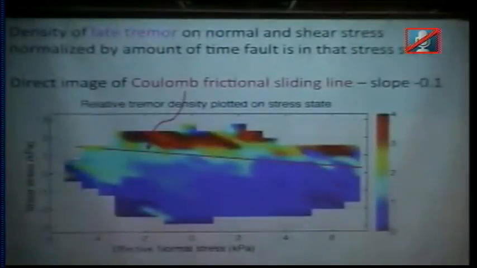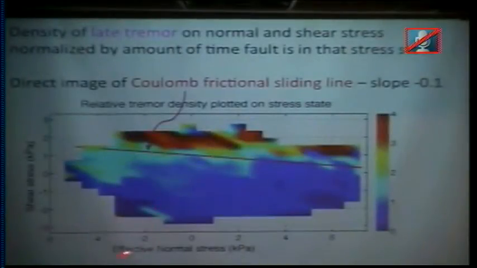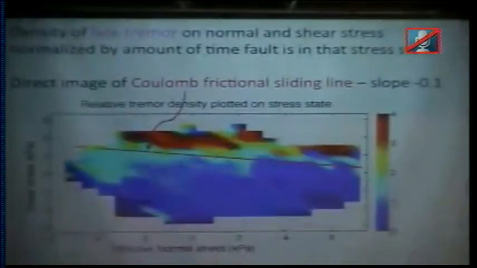And it has a very shallow slope of 0.1, in contrast with what Byerlee's law would suggest of 0.6 or 0.8. So this is one of the pieces of evidence for a low intrinsic friction.